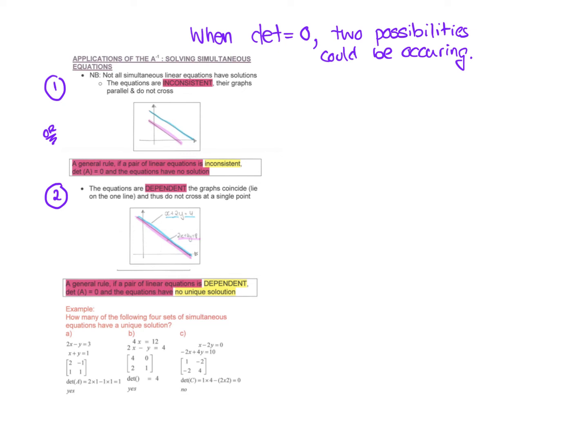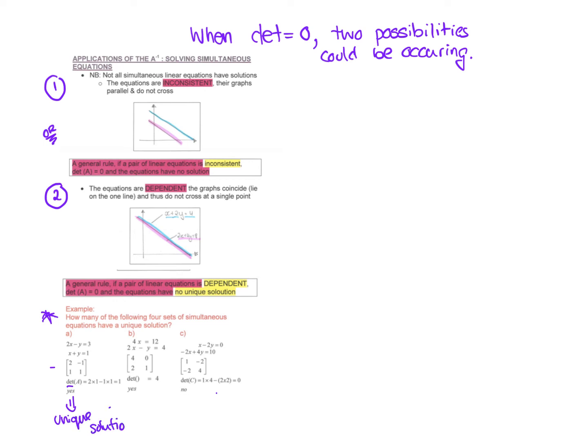As I said, if all they ask is a question like this one down here, how many of these simultaneous equations have a unique solution, we didn't bother solving it. We just found that first matrix and then found the determinant of each. You could see only the first two had a determinant that was not 0, and the last one did. So the first two would have a unique solution.